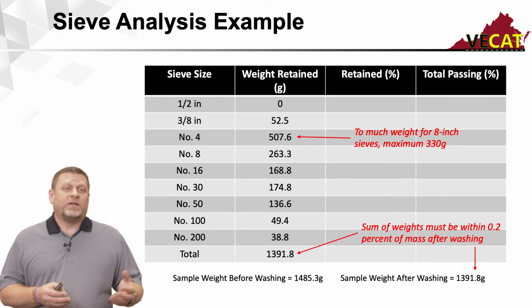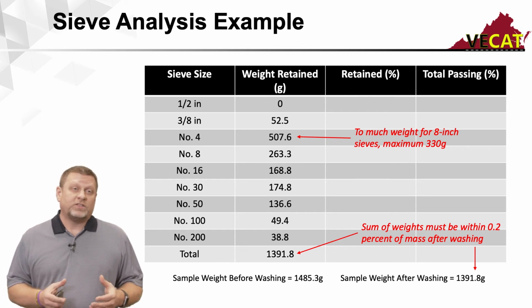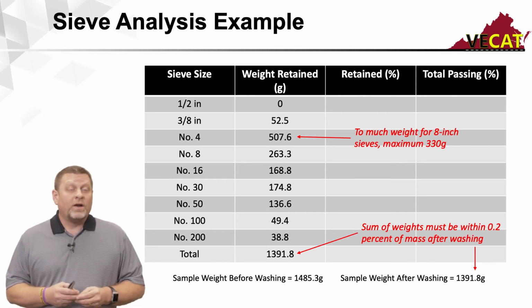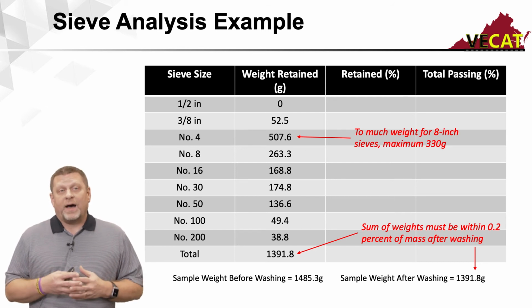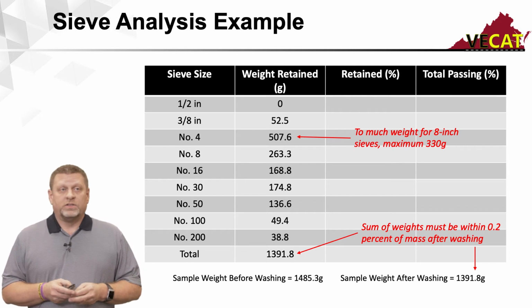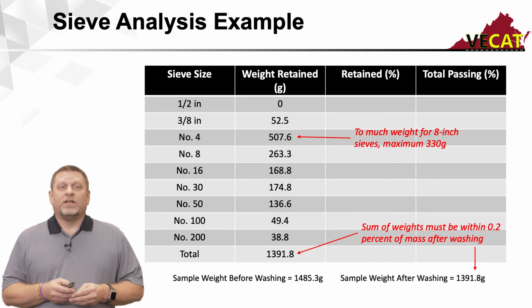So for this particular sample, the technician would have either needed to have done this gradation on a 12-inch diameter sieve, or he could use 8-inch diameter sieves, but he would then have to split his sample in half, do it as 2 separate gradations, then recombine mathematically before he does his calculation, so he doesn't overload this number 4 sieve.